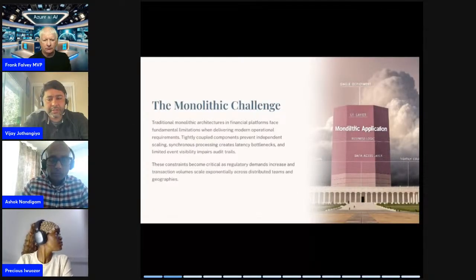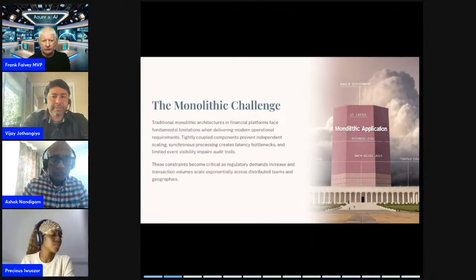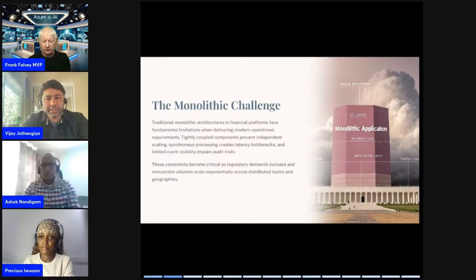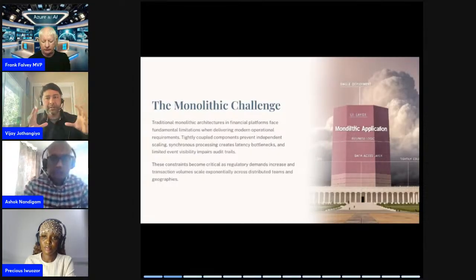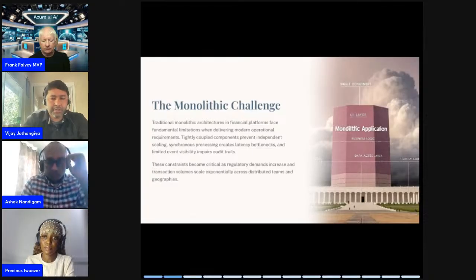This slide is specifically talking about the different monolith challenges. Let's begin with the monolith challenges in a nutshell with respect to traditional financial platforms. They were built as single deployable units, very gigantic artifacts, which include UI, business logic, and data access layer very tightly coupled.